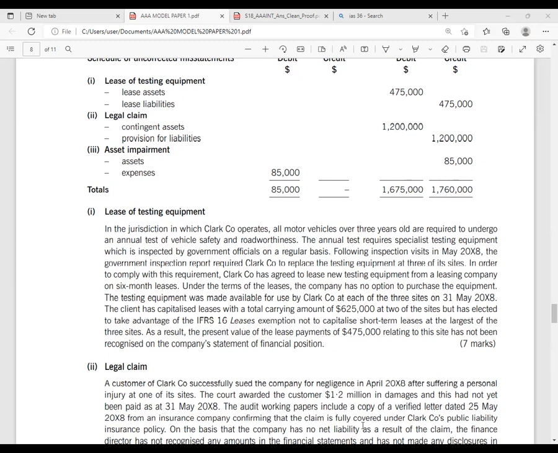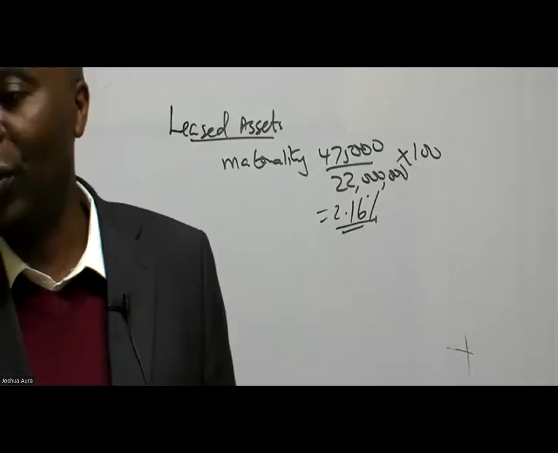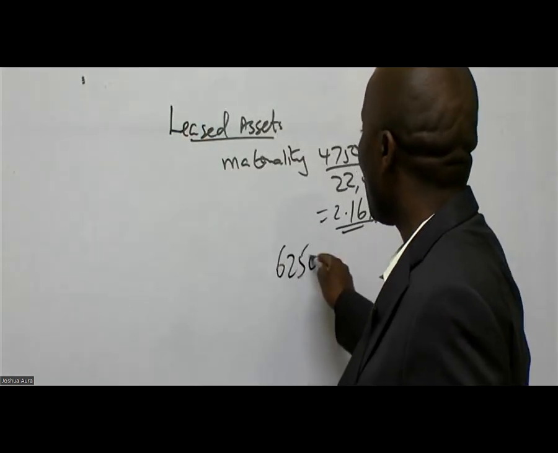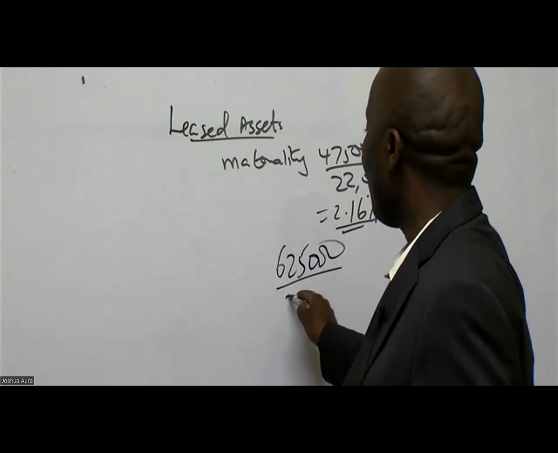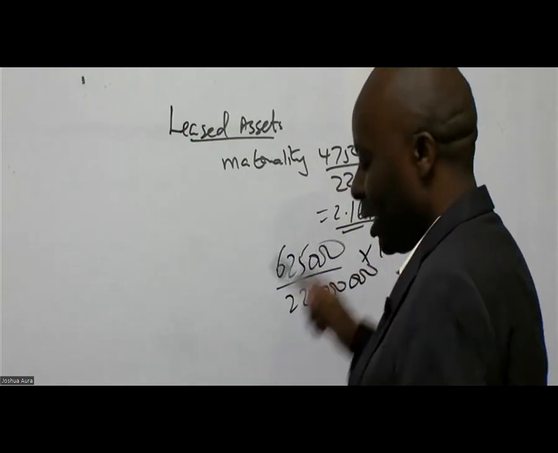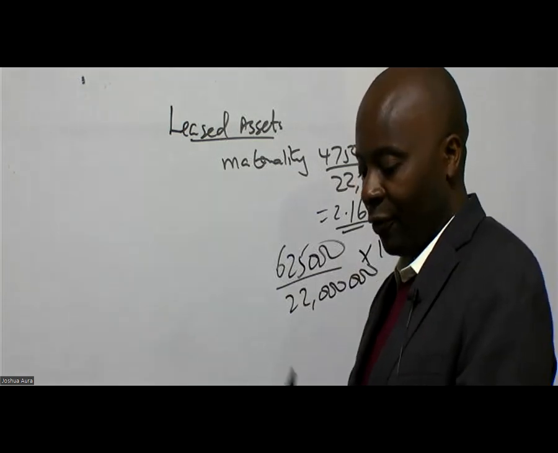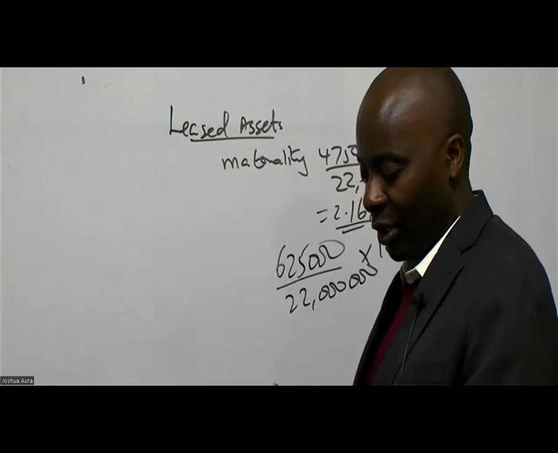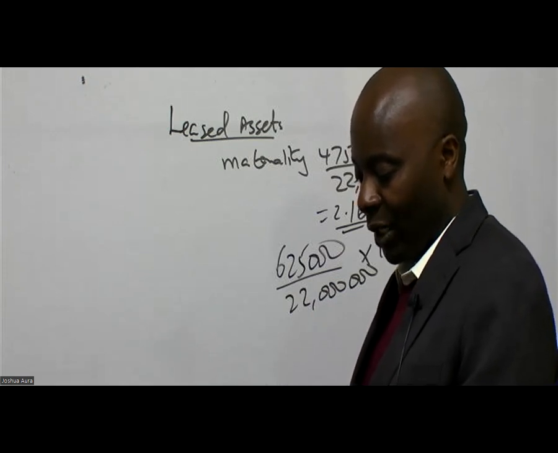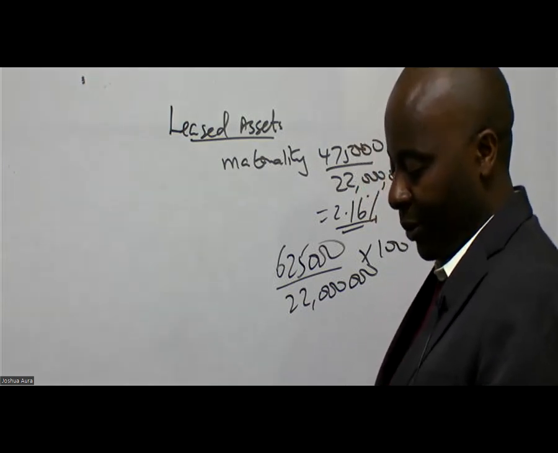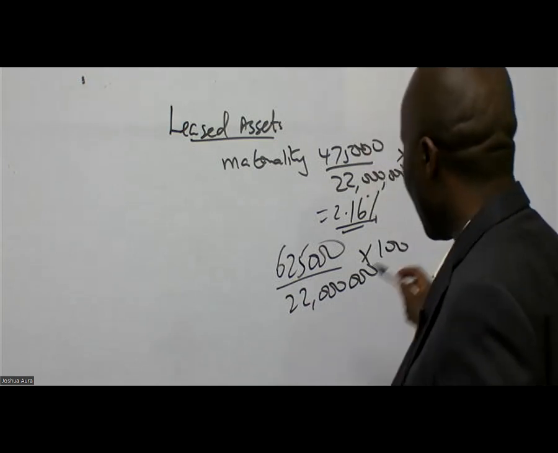That's the first one. So first of all, 625 over 22 million. In terms of materiality, we have this wrong capitalization of 625 over 22 million times 100. What do we have there, somebody? So if you take 625,000 divided by 22 million, times 100, it gives me 2.84%.